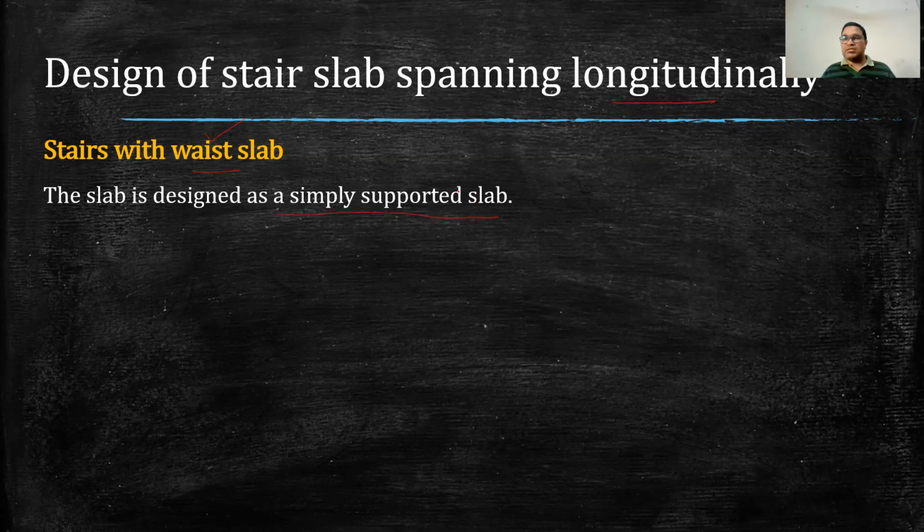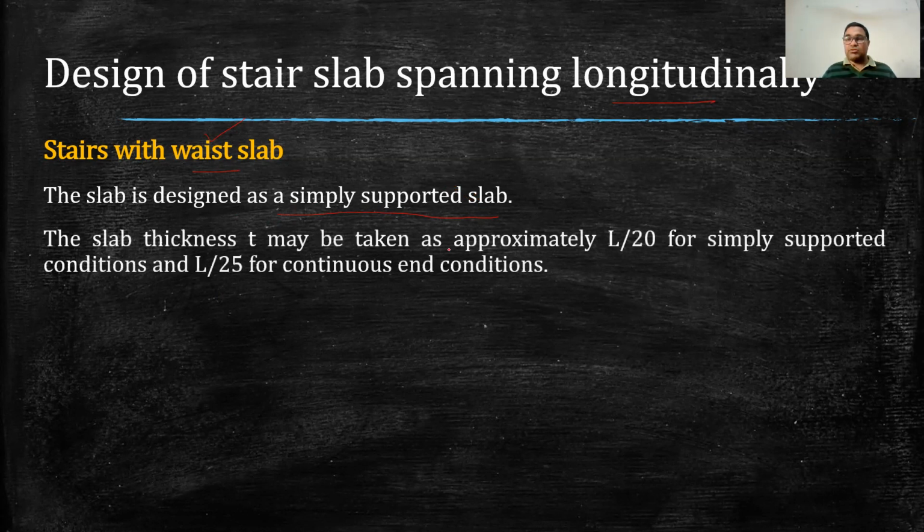So we design this stair slab as a simply supported slab, and the thickness of the waist slab, in case of longitudinally spanning slab, as a thumb rule, we take as about L by 20 to L by 25.